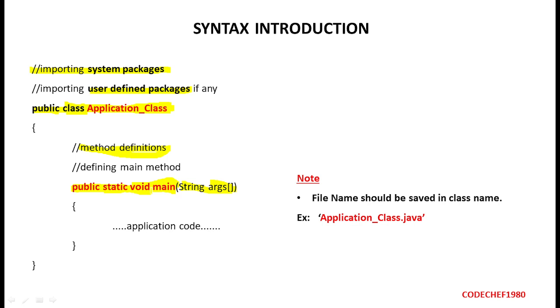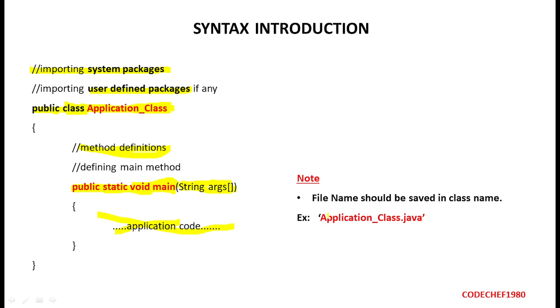Finally, inside the parentheses, we give the argument String args, which takes input from the command line. Afterwards, you can give your application code to execute whatever task you want.